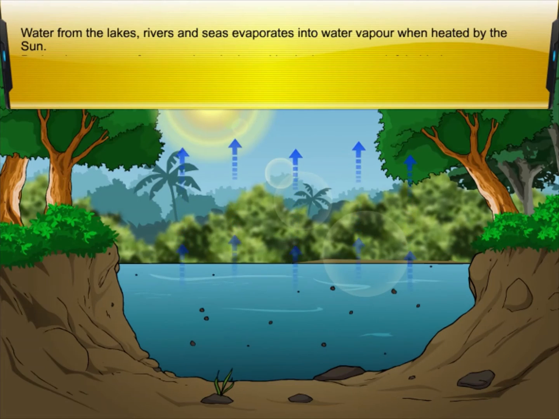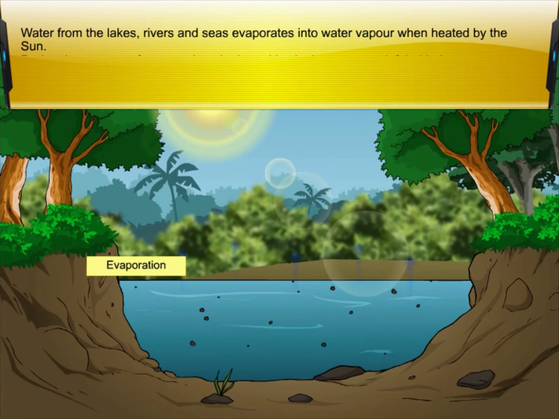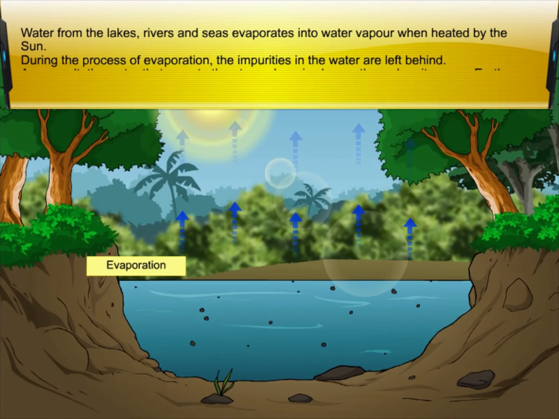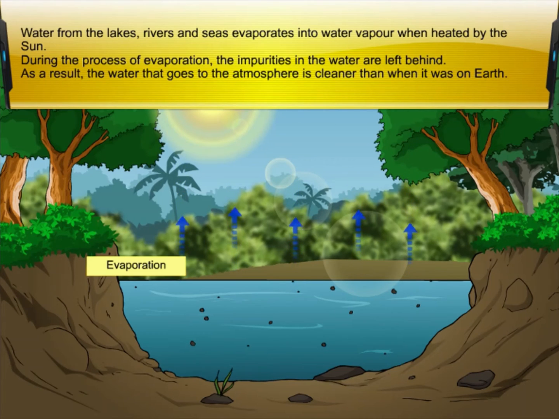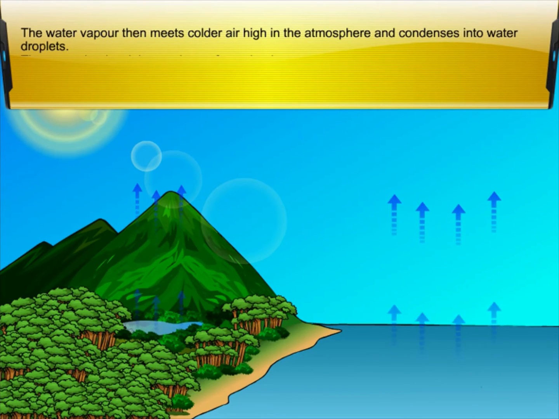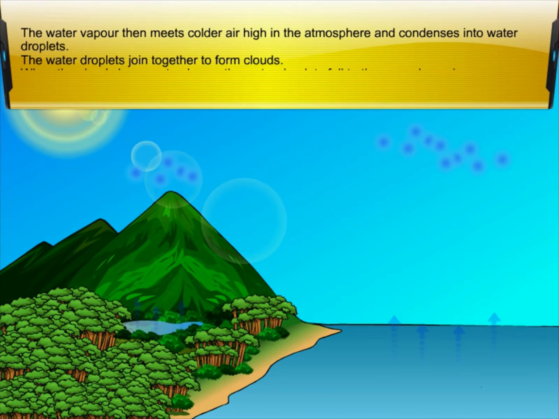Water from the lakes, rivers, and seas evaporate into water vapor when heated by the sun. During the process of evaporation, the impurities in the water are left behind. As a result, the water that goes to the atmosphere is cleaner than what it was on Earth. The water vapor then meets colder air high in the atmosphere and condenses into water droplets. The water droplets join together to form clouds.